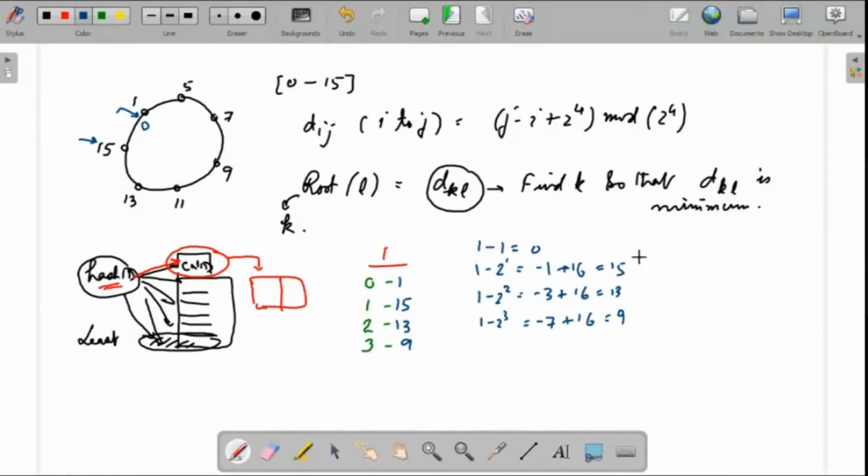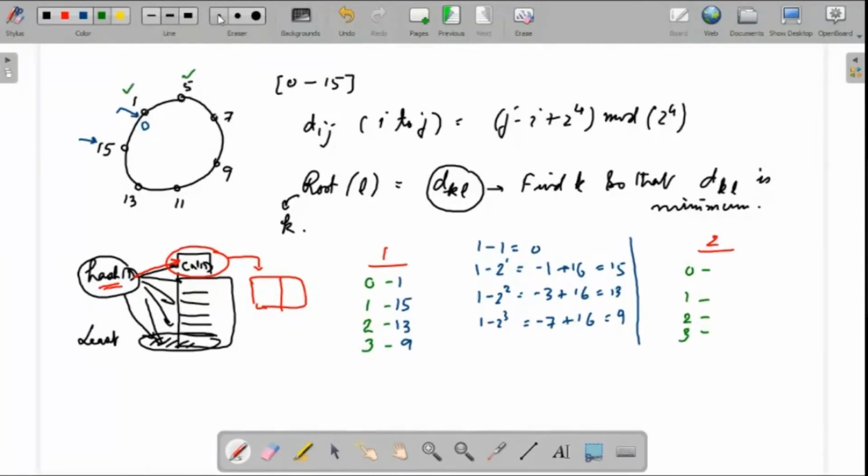In the same fashion, I can now find out the entries for node 2. There is no node 2 actually. We have done it for 1, so we have to do it for 5.